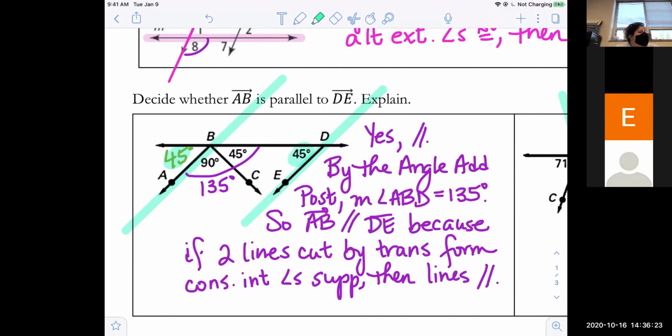So if you just saw it a different way, I mean, obviously you try to do it the most efficient way, but if you just don't see it that way, that's fine. What is it when Madeline subtracts 180 minus 135 and gets 45? What did she use right there? There's another theorem. It's really postulate probably. So this is angle addition postulate. What is it when you go 180 minus 135 is 45?